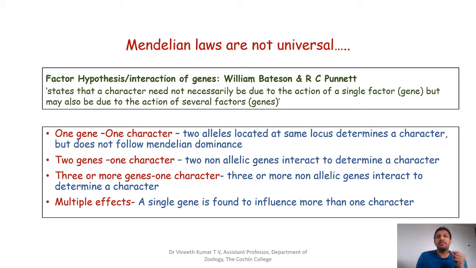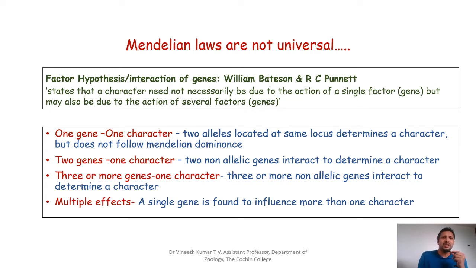There are two genes in such cases. They are non-allelic, and each gene has two alleles. That means two pairs of alleles interact together to produce a particular character. Such interactions are referred to as non-allelic interactions.